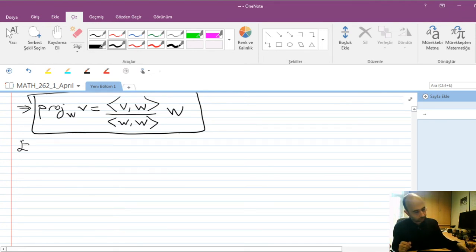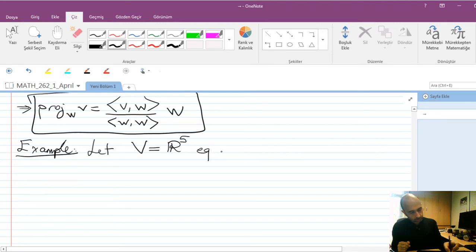Okay, here is the example. Now let V be R^5, equipped with the standard inner product.